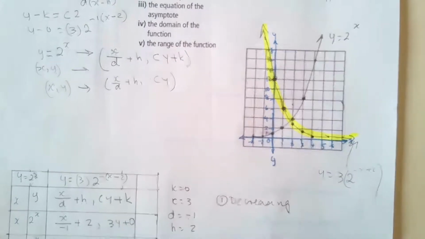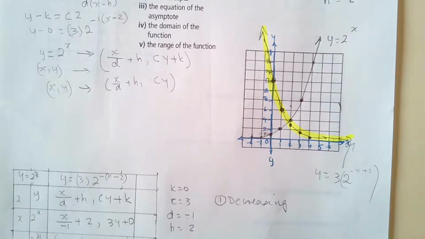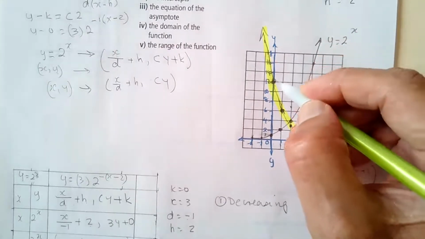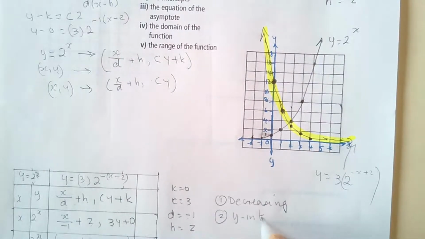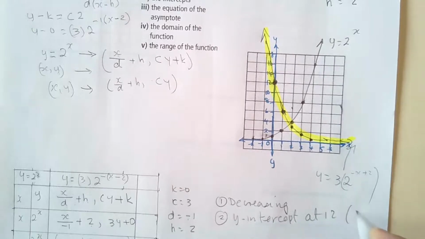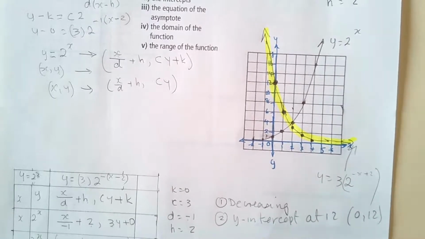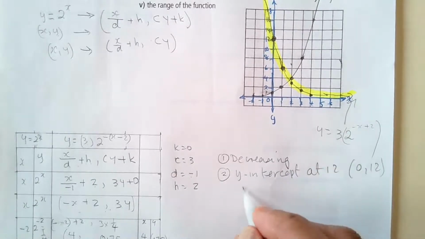Secondly, they ask us the intercepts. If you look at this graph, the graph has a y-intercept here at 12. Zero, 12. There's no x-intercepts.